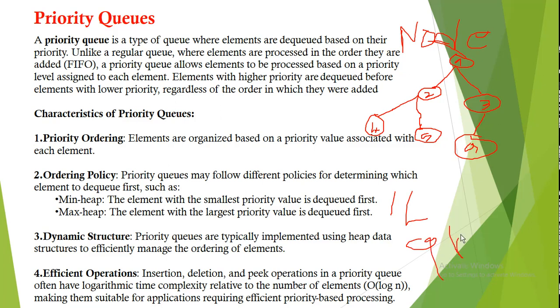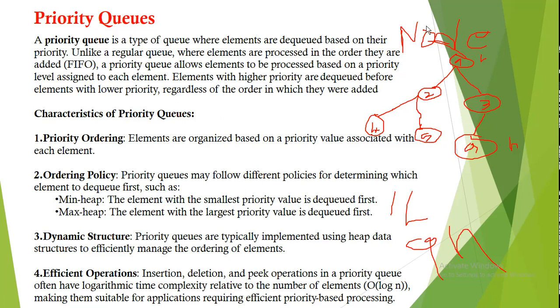So 9 is the highest value that we are having over here, right? This is highest and this is lowest. The lowest node has two nodes, that is 2 and 3. Again these two have two more, holding data that is higher than 2.